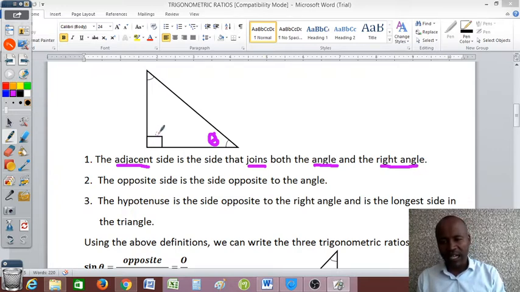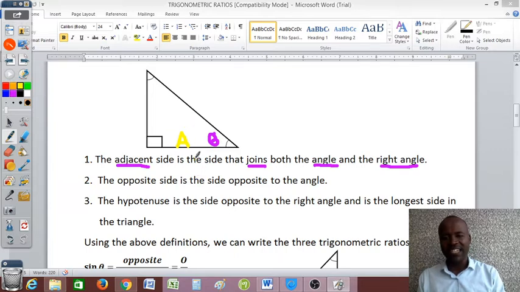Look at now, here we have the right angle and angle theta is here. The side which joins the two angles, the right angle and angle theta, we call the adjacent side. So name this as adjacent, or you can use the letter A. This letter A stands for adjacent.